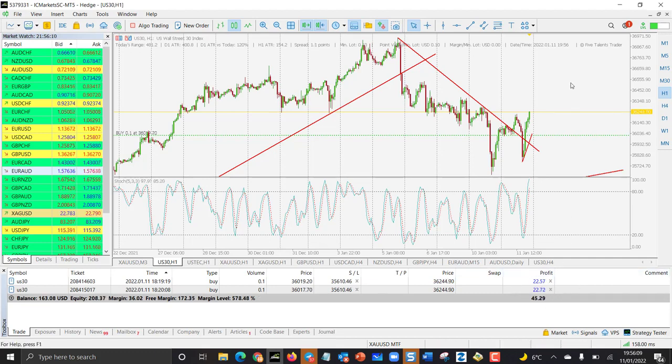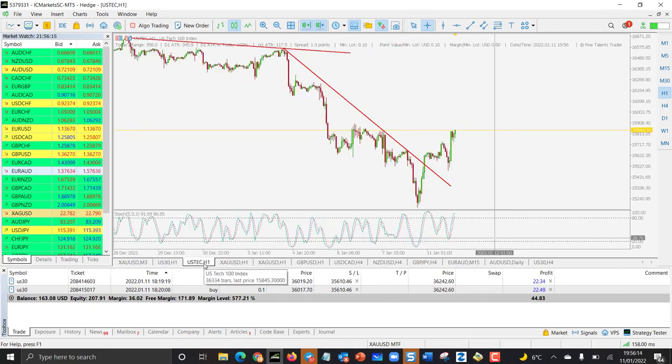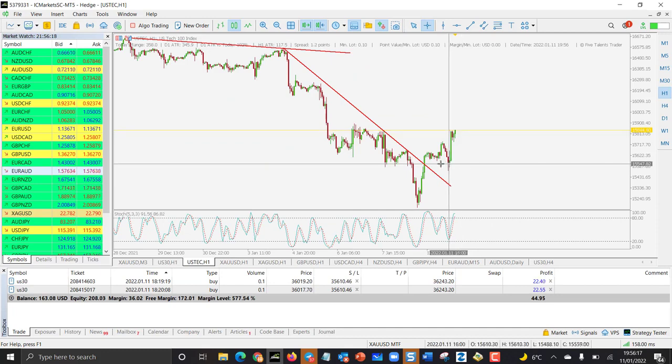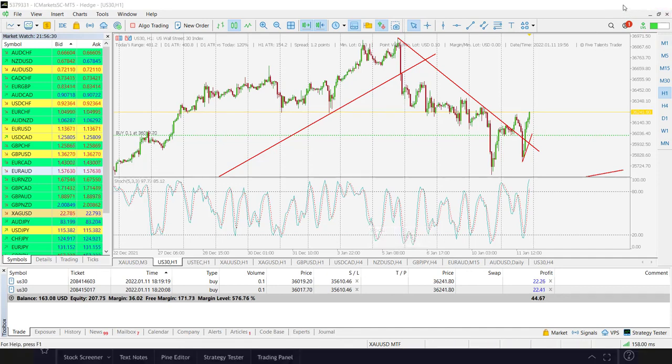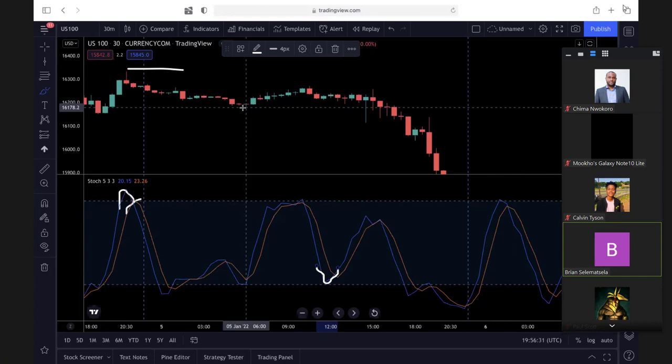So you just wait for the blue line to do the magic and cross the other line, because these are like moving averages, but inside the stochastic oscillator, given a range in terms of overbought and oversold. That means the blue line is the powerful line. It is the one that hints at the crossing over.